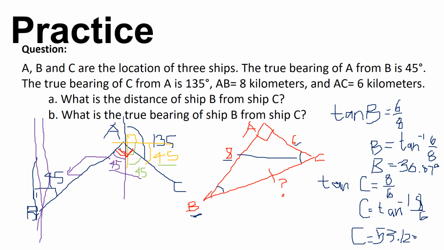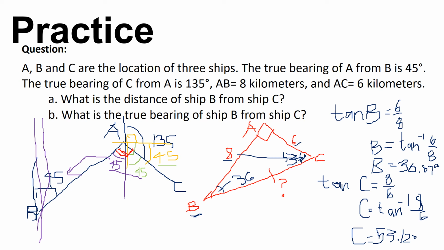Now since we have two angles already found out, 36.87 and the other one is 53.12, we can easily solve for the hypotenuse. We can either use the Pythagorean theorem, or since our topic is about trigonometric functions, we will try to use trigonometric functions.